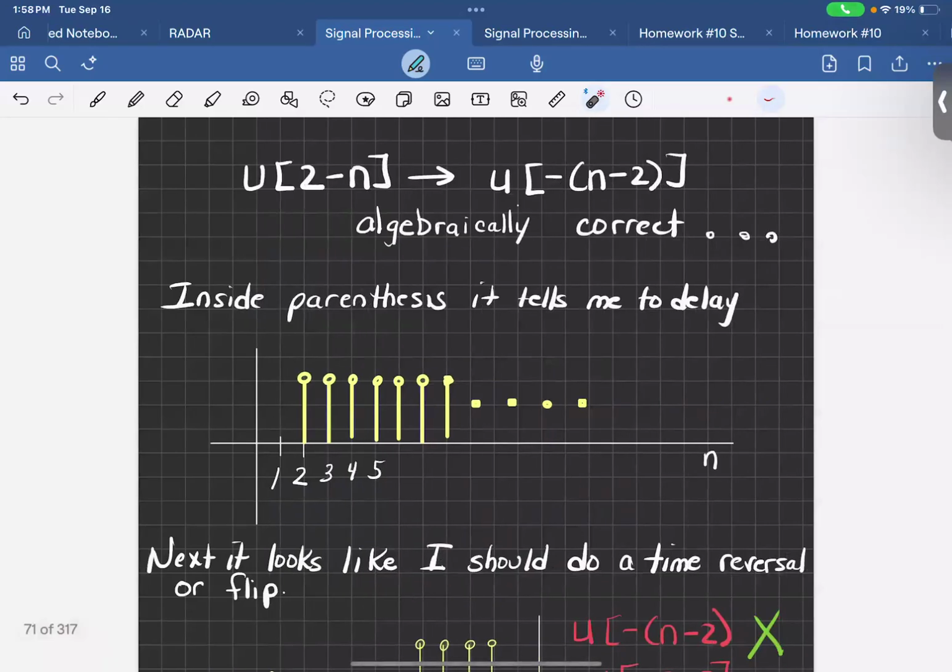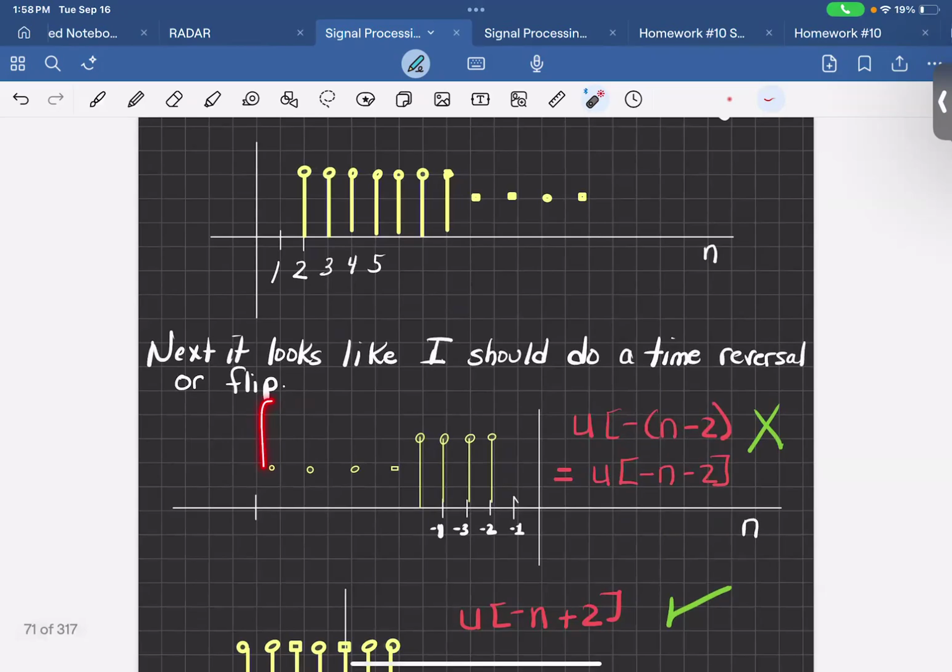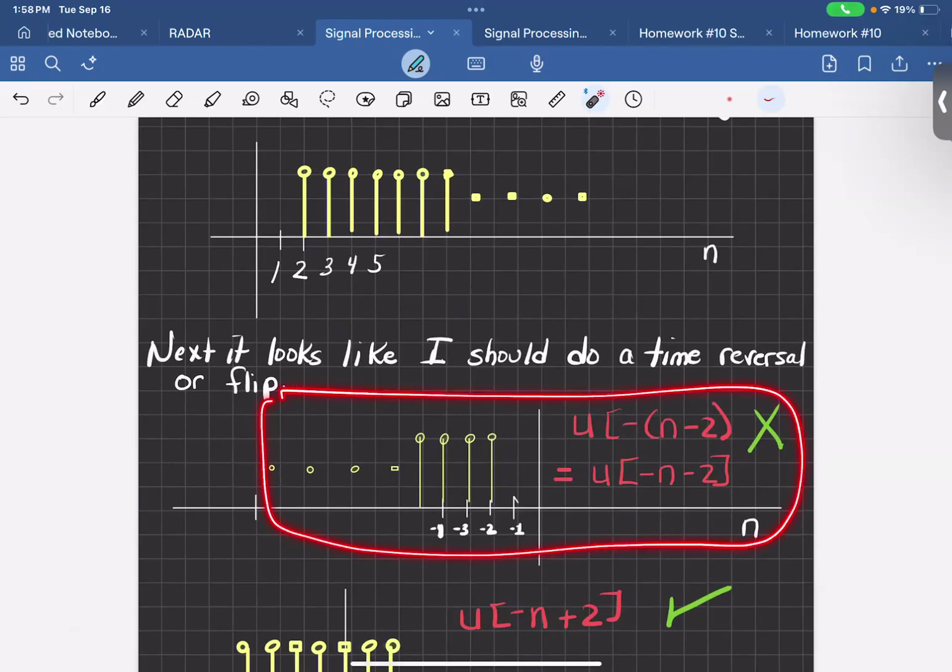What if I were to interpret u[2 - n] as being equivalent to u[-(n - 2)]? Algebraically that is correct. And what if I were to perform the order of operations from Oppenheim, delaying the signal by 2 and applying the minus sign to flip it? I would get this result right here.